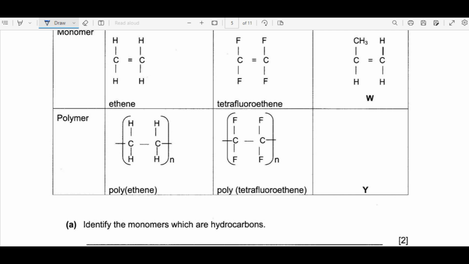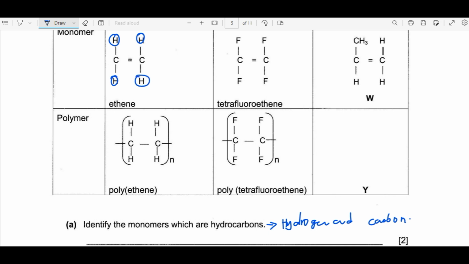If you look at hydrocarbons, we want the monomers that contain hydrogen and carbon atoms only. There never should be any other atom. From this we can see that here there is hydrogen, hydrogen, hydrogen, hydrogen, carbon, carbon.